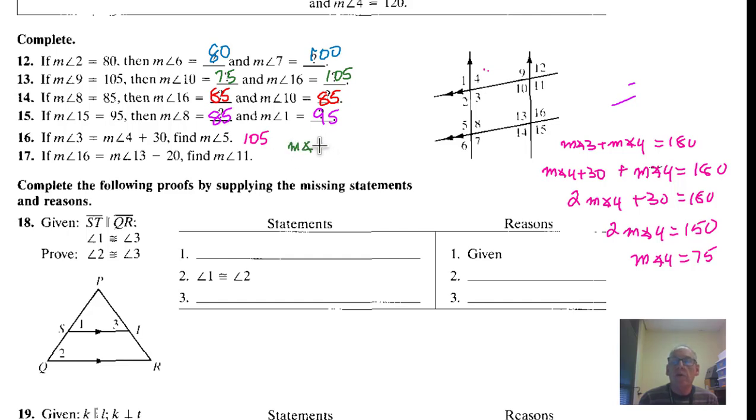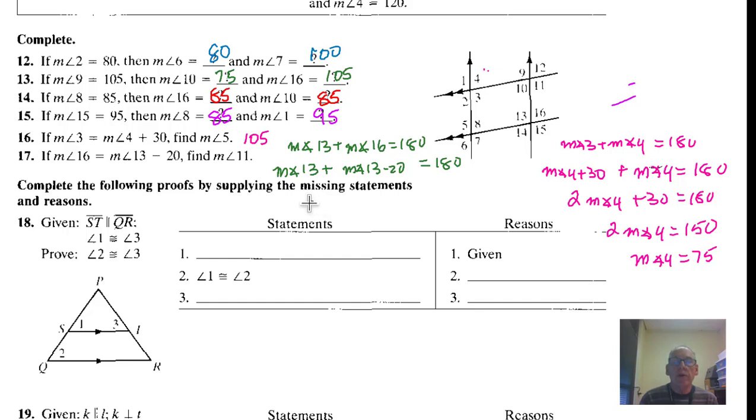So the measure of angle 13 plus the measure of angle 16 has to be 180 since they're a linear pair. But 16 is the same thing as 13 minus 20. So measure of angle 13 minus 20 gets substituted in for measure of 16. We still got measure of 13. So all those together add up and make 180.